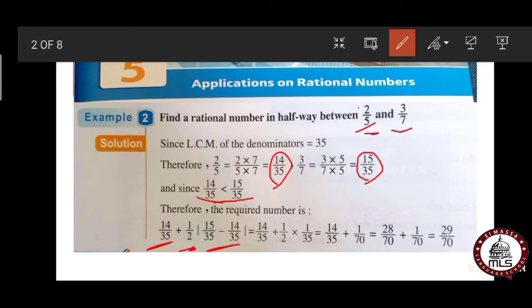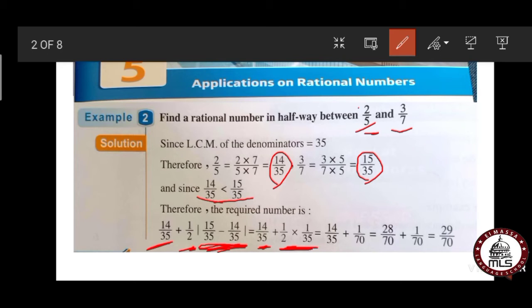Then 14 over 35 plus half the absolute value of 15 over 35 minus 14 over 35, which equals 1 over 35. Then 14 over 35 plus half times 1 over 35.